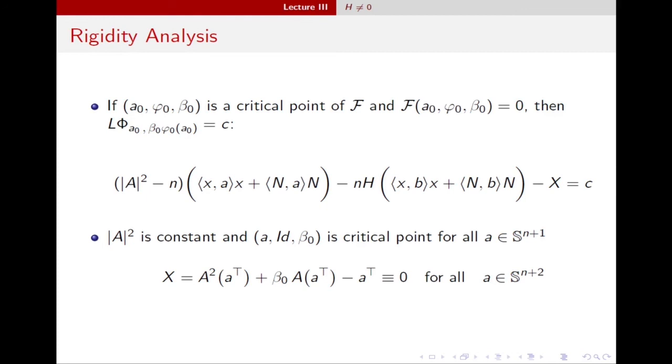Which gives precisely that observation that we made for the Clifford hypersurface.